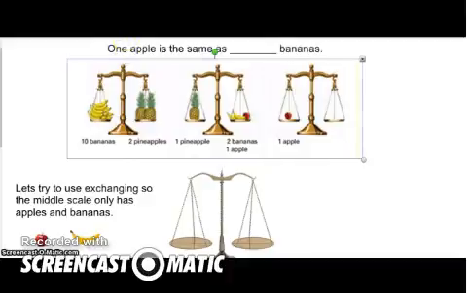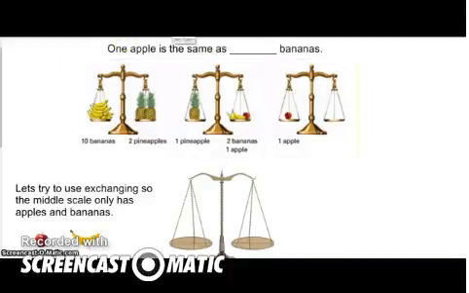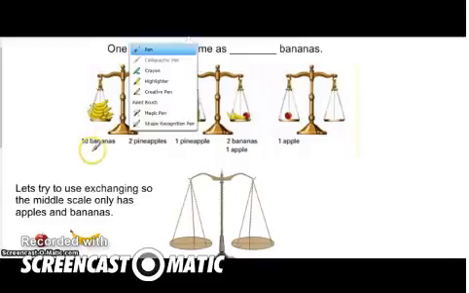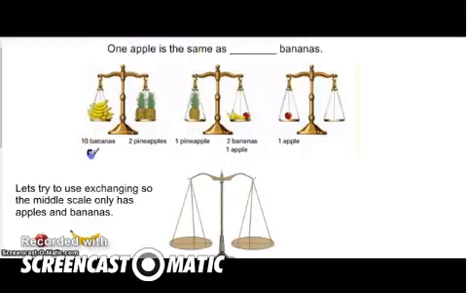So I can reason that 5 bananas would be the same as 1 pineapple, just by cutting the value of each side of the scale in half. So I can tell that 5 bananas can replace 1 pineapple.